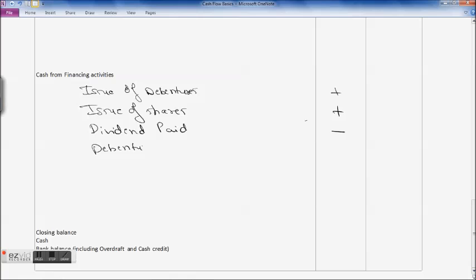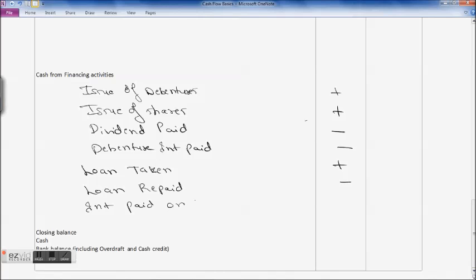Then debenture interest paid, reduce. Then loan taken from a bank or any other party, we have to add. Loan repaid, we have to reduce.